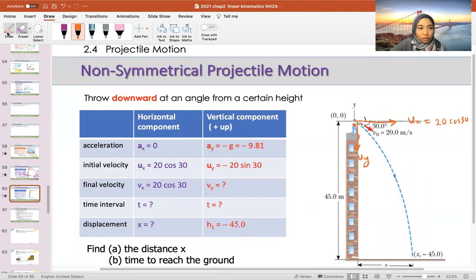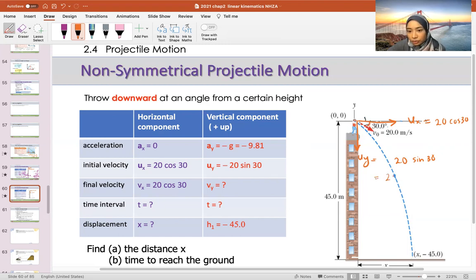Okay, what about our uy? What should we do with our uy? Negative 20 sine 30, because it goes downward. Correct. Okay, so in this case, if we just put 20 sine 30 we will get a positive answer. So if we forget, we look at it's below the x-axis.